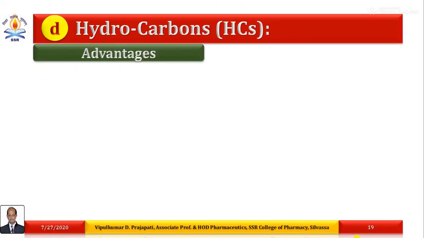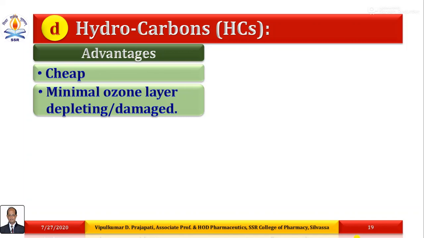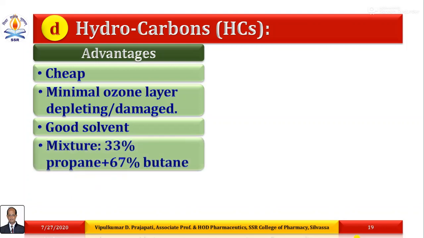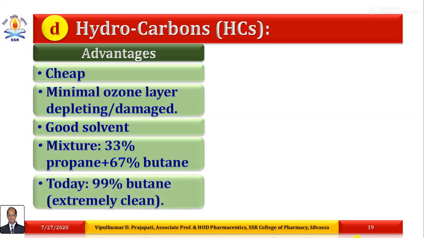What are the advantages of hydrocarbon propellants? They are cheap, with minimal ozone layer depletion or damage. They are good solvents, normally a mixture of 33% propane with 67% butane, and today 99% butane is used as an extremely clean propellant.